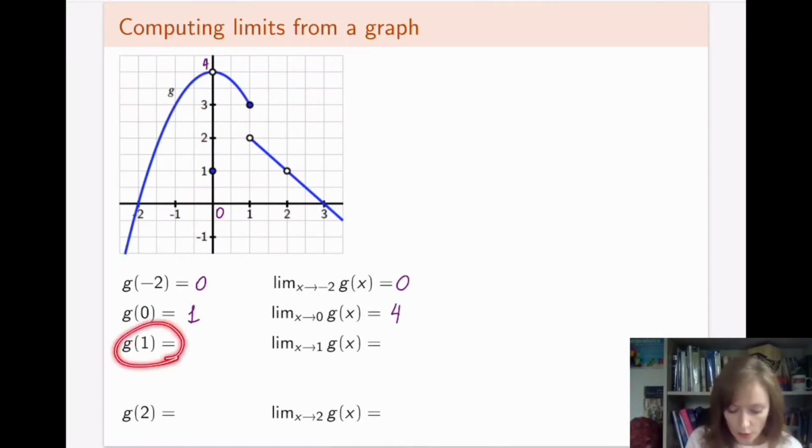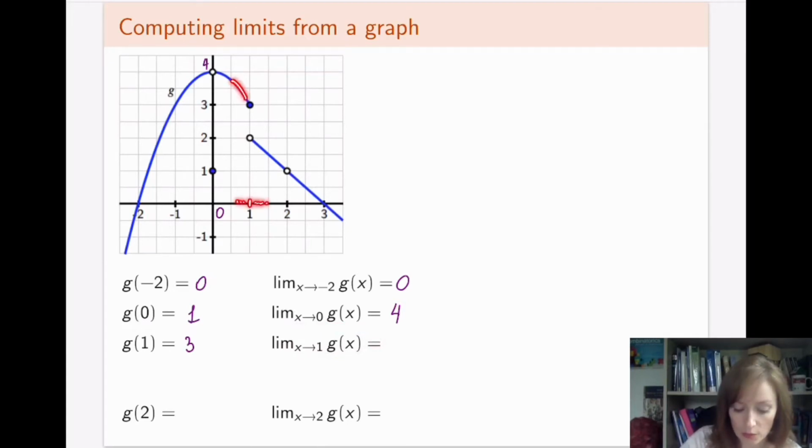Okay, what about g of 1? Again, I'm going to think about where I can find the function at x equals 1, and the filled in circle is here, so g of 1 is 3. What about the limit as x approaches 1 of g of x? So not at 1, but near 1.